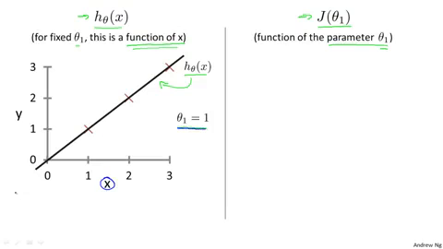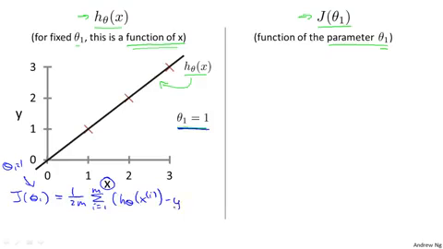What I want to do is figure out what J of theta 1 is when theta 1 equals 1. So let's go ahead and compute what the cost function is for the value 1. Well, as usual, my cost function is defined as follows: the sum over my training set of this usual squared error term.